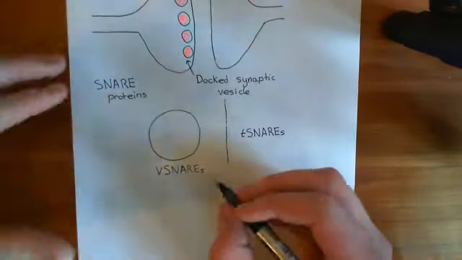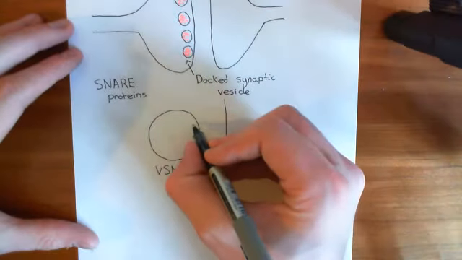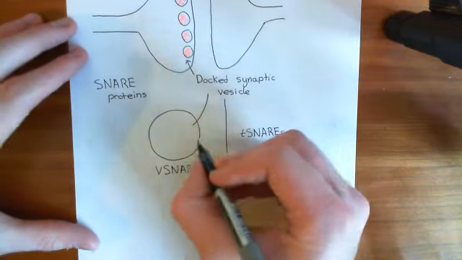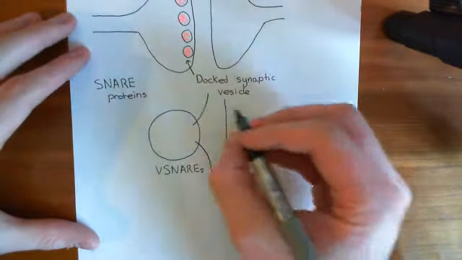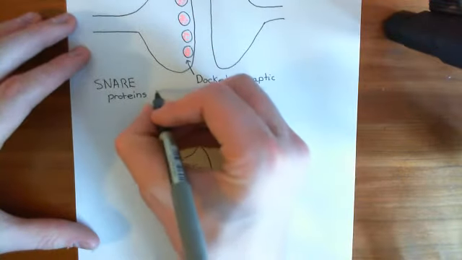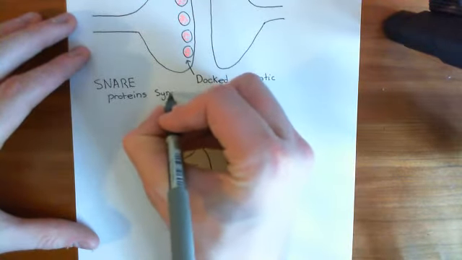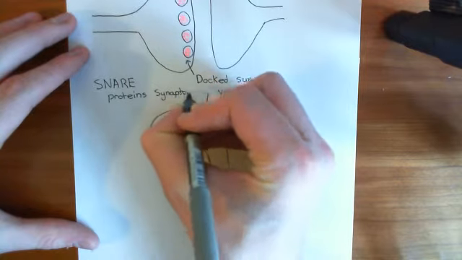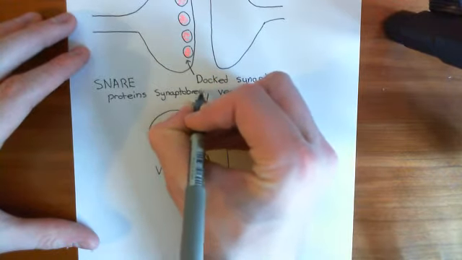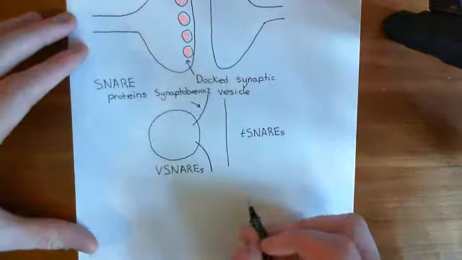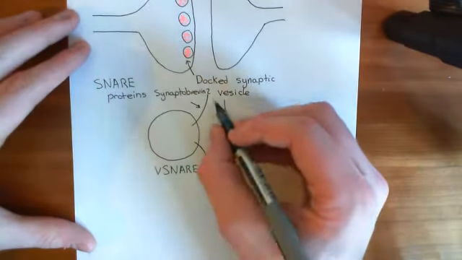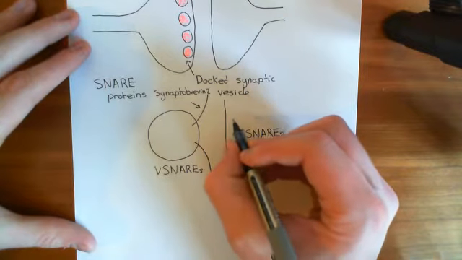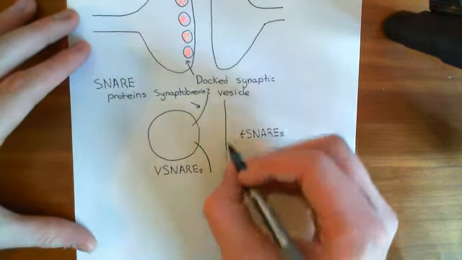Okay, now, in the membrane of the vesicle, we have the V-snare, synaptobrevin, and it's specifically synaptobrevin 2. So this here, this is synaptobrevin 2. Okay, and this forms a core snare complex with two T-snares, which are in the membrane of the cell.